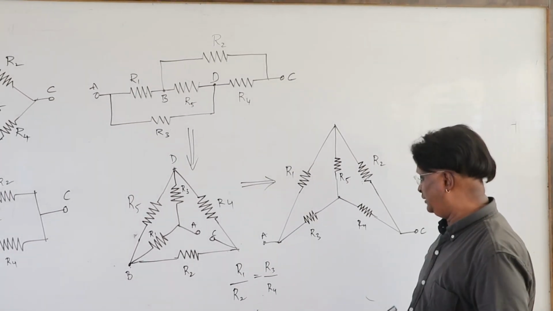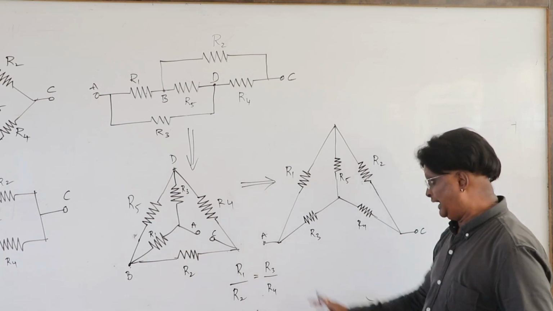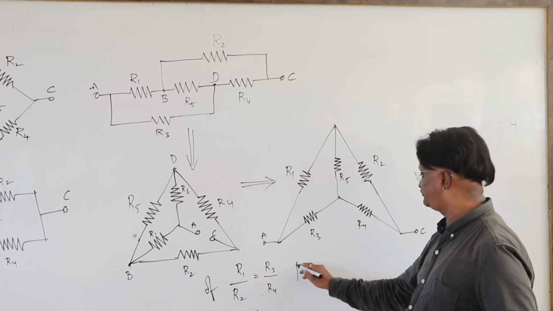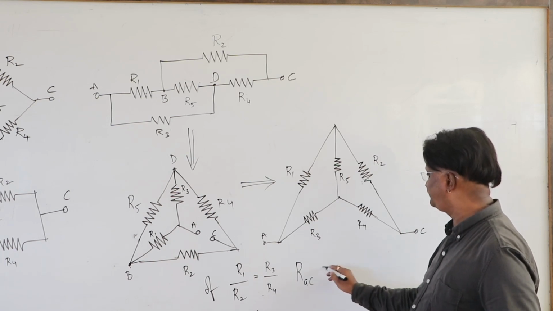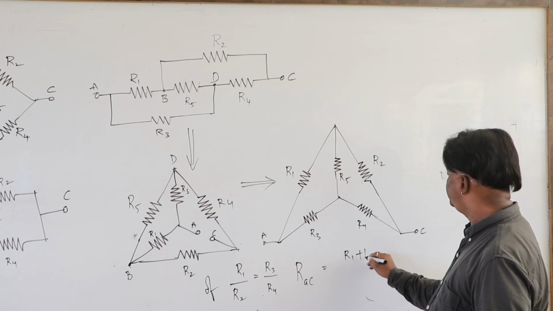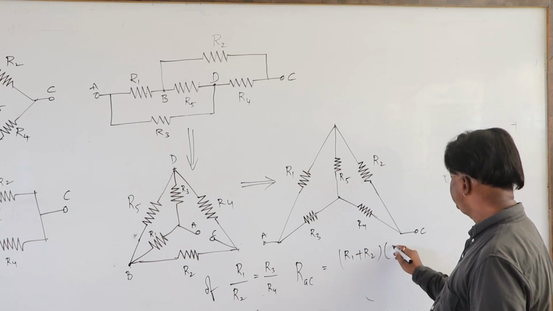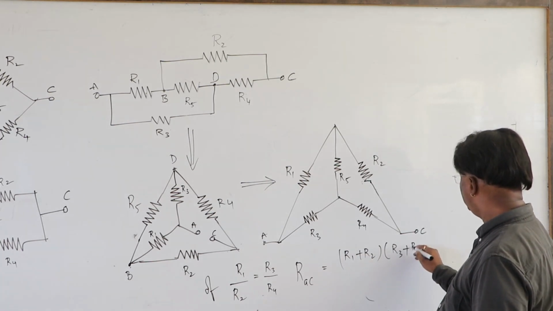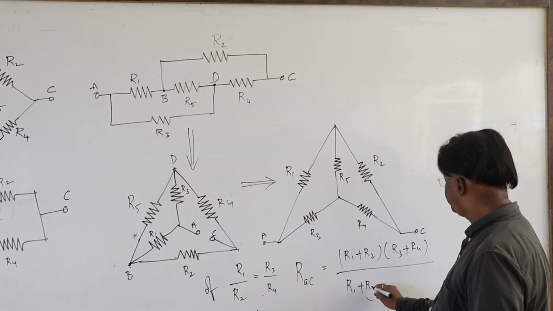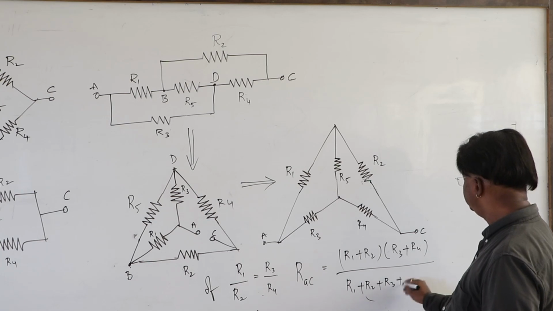I have mentioned it a number of times. In this case, if this condition is satisfied, then the effective resistance R_AC would be (R1 plus R2) times (R3 plus R4) by (R1 plus R2 plus R3 plus R4).